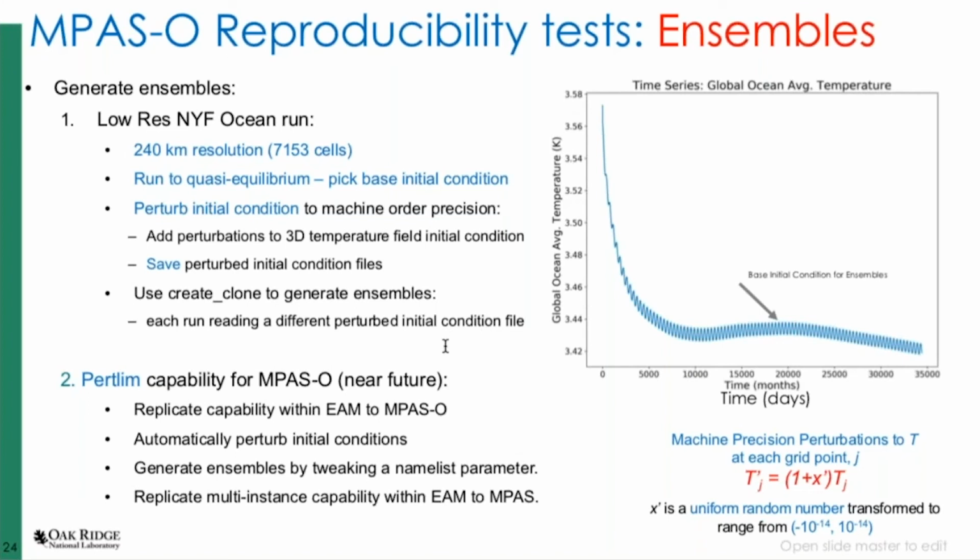We're doing these 100 or 150 member ensembles with that. In the future, instead of this hands-on approach with Python scripts, we want to replicate the capability that we have in EAM for doing multi-instance runs, where we can also perturb the initial conditions, the pertlim capability, just by tweaking a namelist parameter, for example.